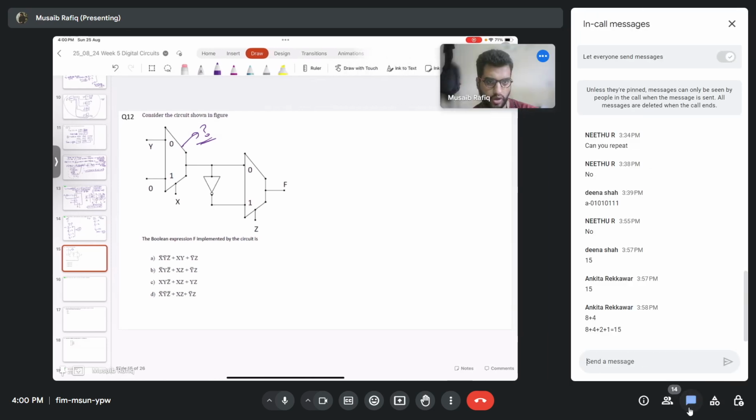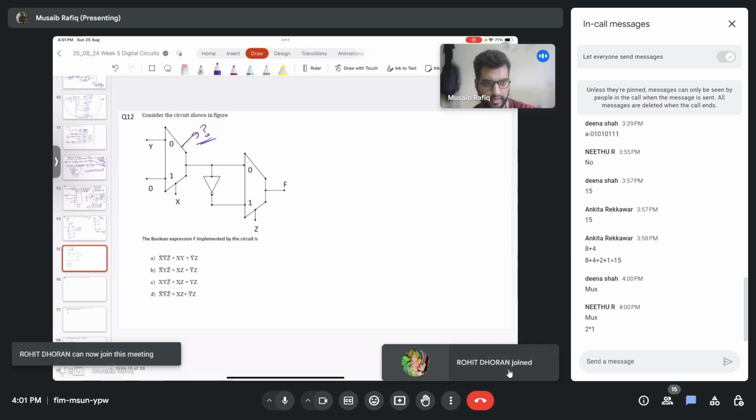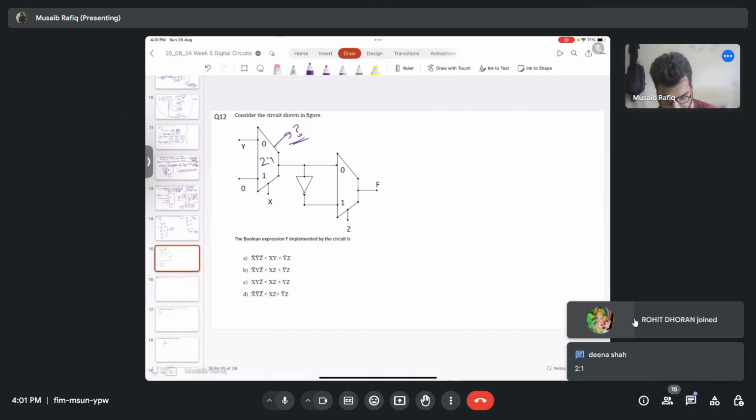What is the block that is shown here? Yeah, mux, correct. But what kind of mux? Yeah, 2:1 mux, right? So this is a 2:1 mux.